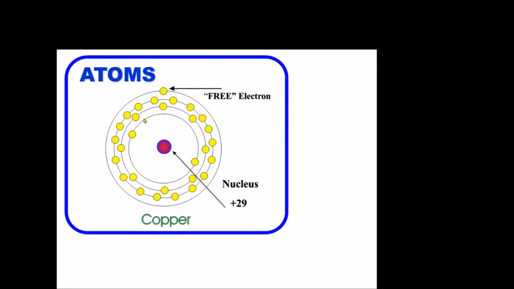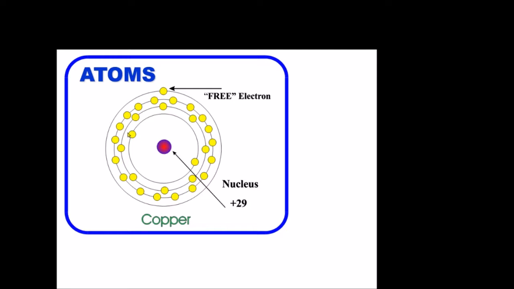So you can see here we've put the electrons in their orbits: you have 2 in the first shell, 8 in the next shell, and 18 in the next shell. Well, we have 1 left over to add up to 29. That would be your outer electron right here. Notice it's the outside electron. It is the only one in that outer shell, okay?